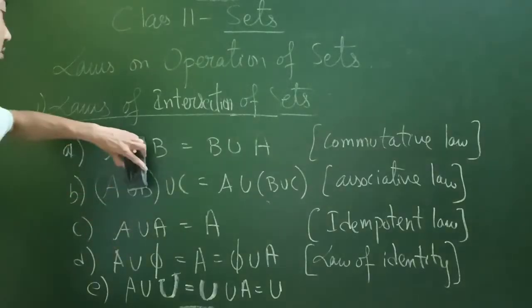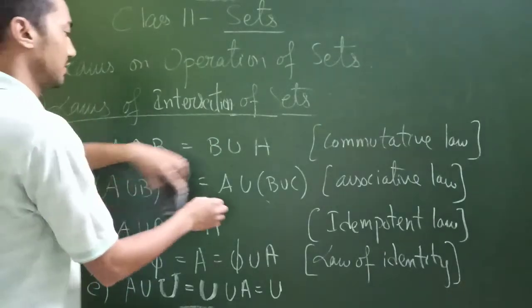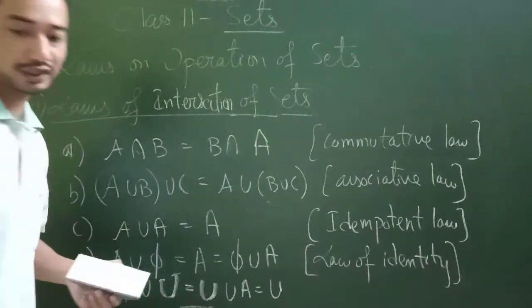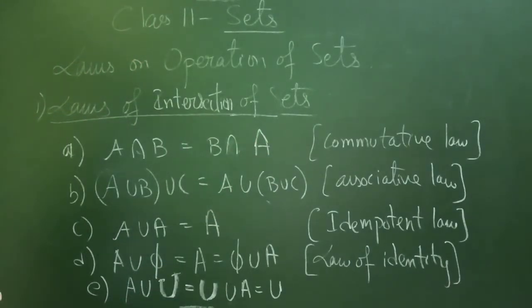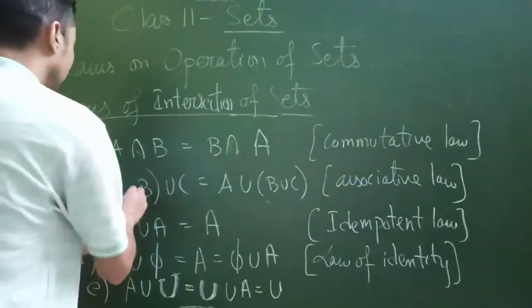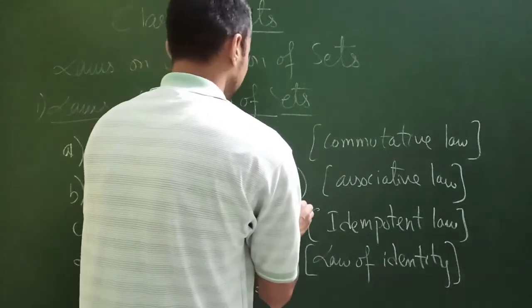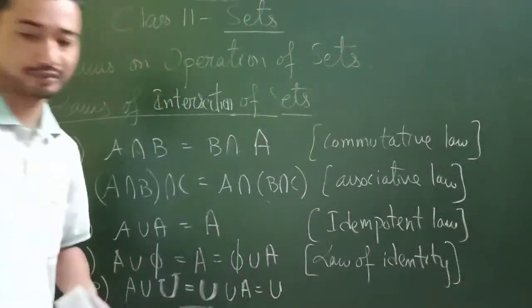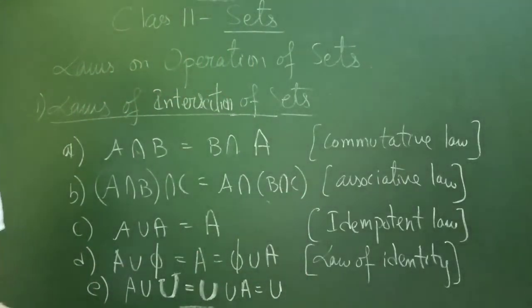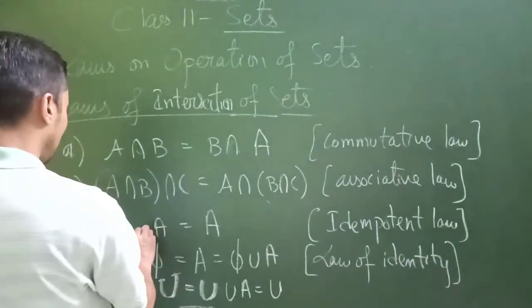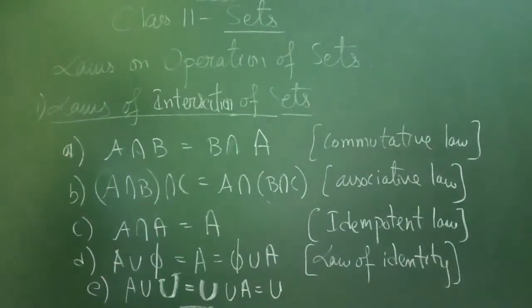It does obey the commutative law, that is A intersection B equals B intersection A. It also obeys the associative law. It also obeys the idempotent law: A intersection A will be A.